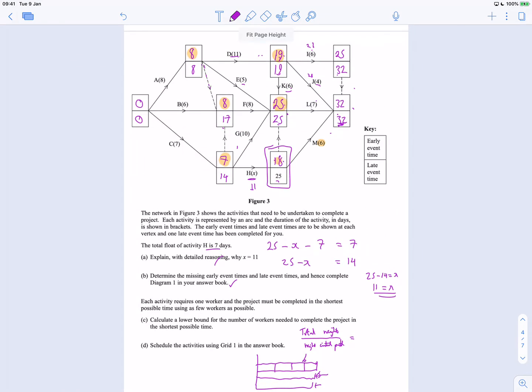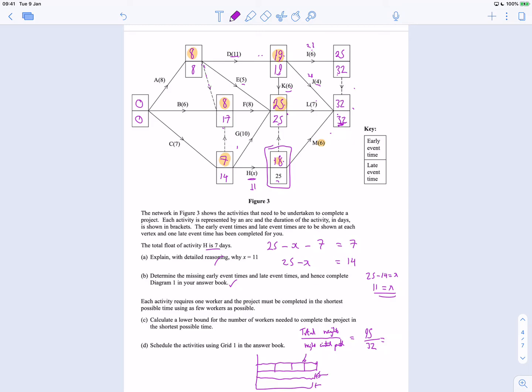So the total weight, what is the critical path length? That's easy. It's 32. The total weight is going to be A is 8 plus B is 6 plus C is 7 plus D is 11 plus E is 5 plus F is 8 plus G is 10 plus H is 11 plus I is 6 plus J is 4 plus K is 6 plus L is 7 plus M is 6, and we get the value of 95.